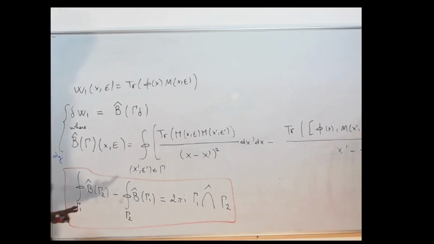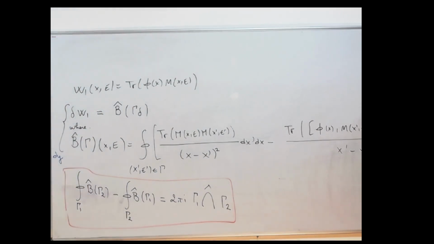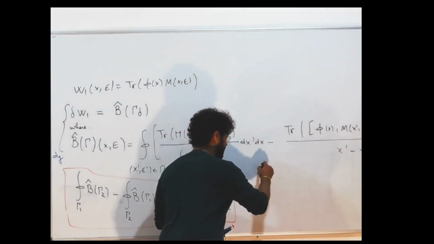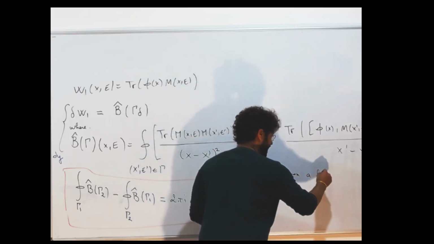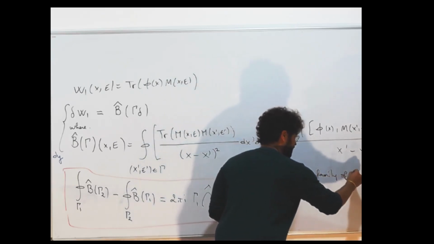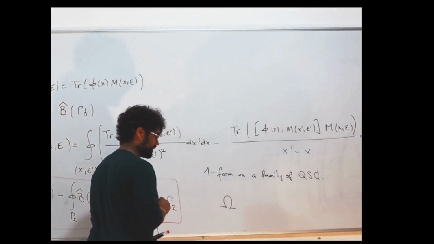So now, and I will conclude on this. The idea is that if you have a family of quantum spectral curves, or a family of matrix value differential systems, you can define a one form on that family, omega.